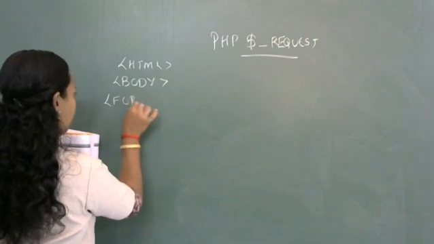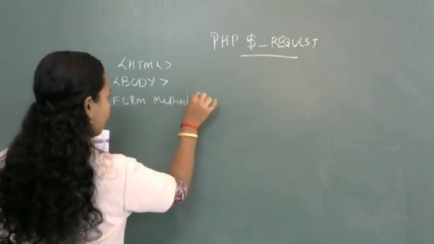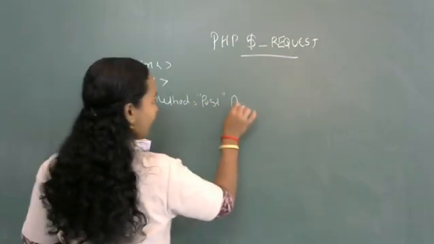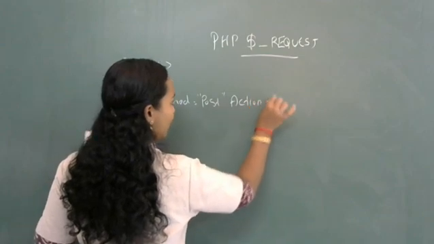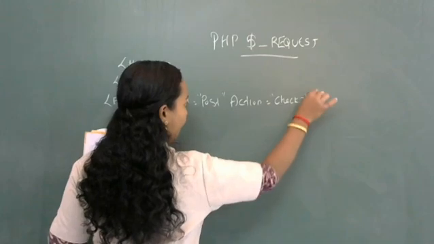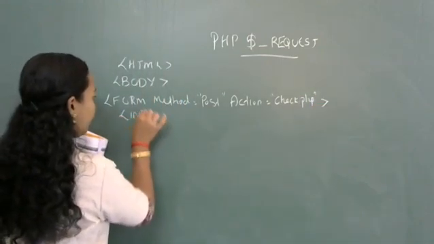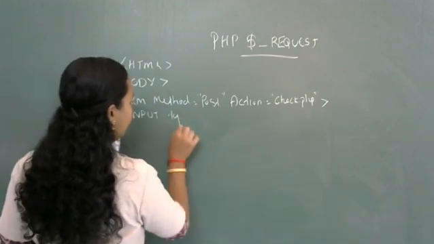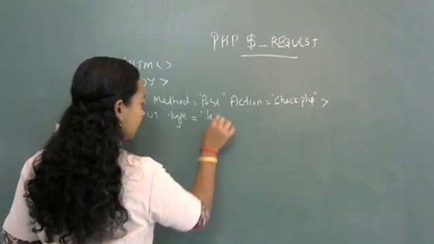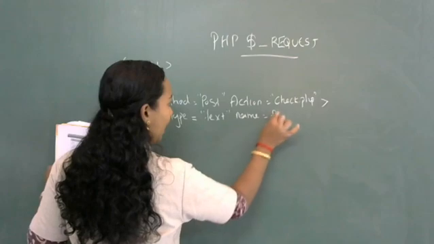Form method is equal to post, action is equal to check.php. Input type is equal to text, name is equal to fname.